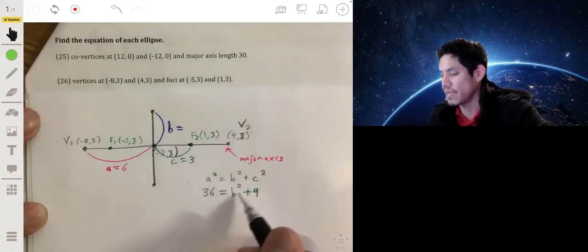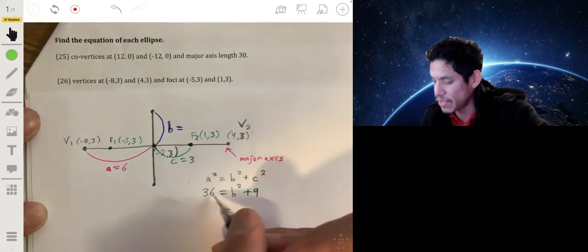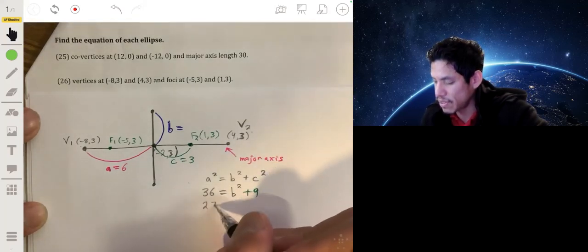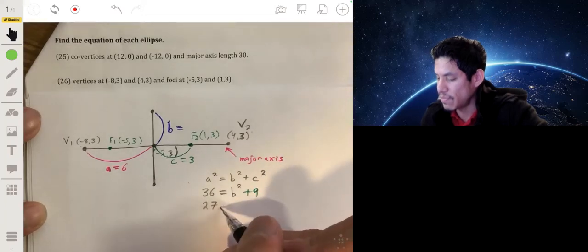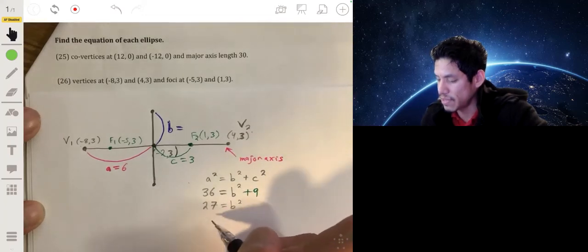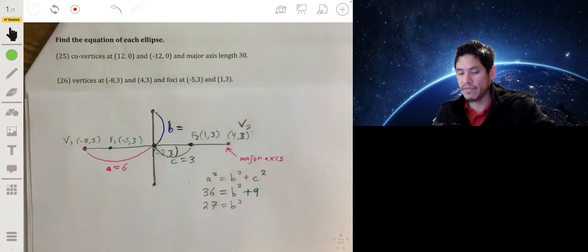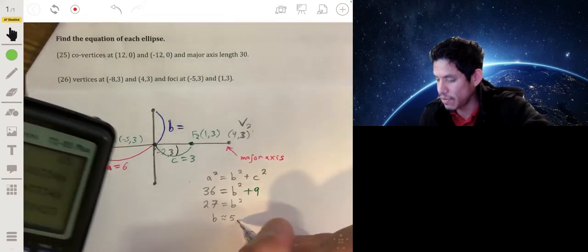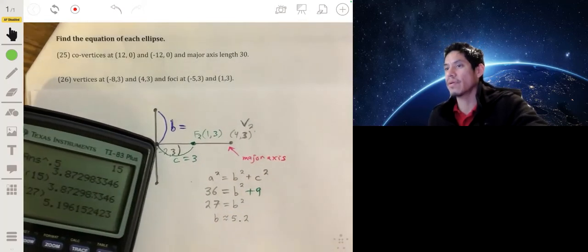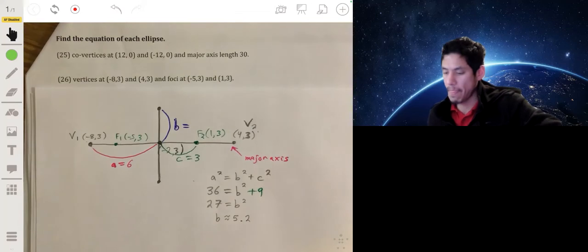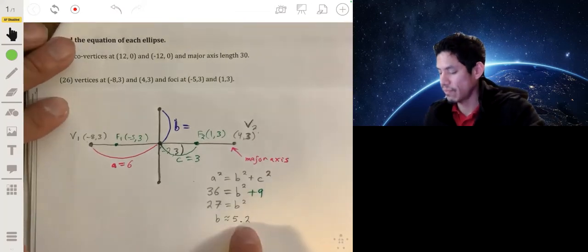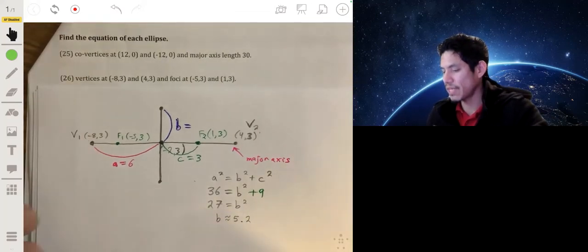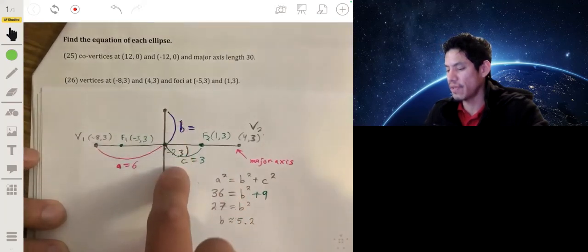So then we can solve for b squared. Taking away 9, we'll get b squared is 27. So then b will be the square root of 27, which is about 5.2. And we actually don't even need to find the coordinates of these points.